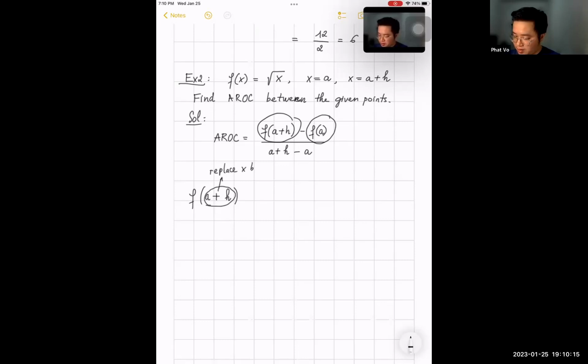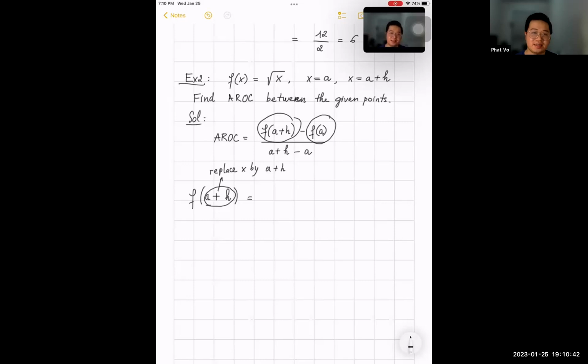Okay. Could you tell me what is the value of f at a plus h? We have the function f here, which is square root of x. Now we replace x by a plus h.